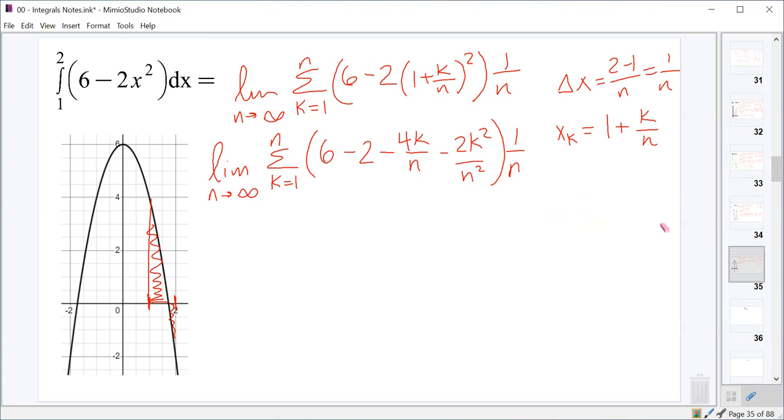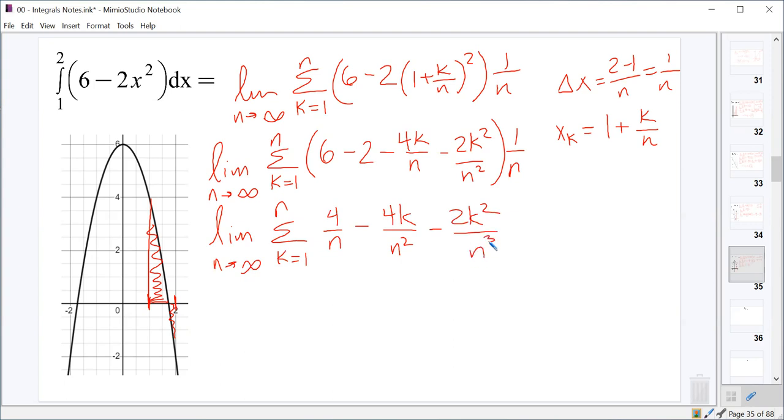All this, and just move forward with it. The 6 minus the 2 is going to be just a 4. And if I have 4 times 1 over n, that's going to be 4 over n. And then I've got negative 4k over n times 1 over n. That'll be minus 4k over n squared. And then the minus 2k squared over n squared times 1 over n will be minus 2k squared over n cubed.